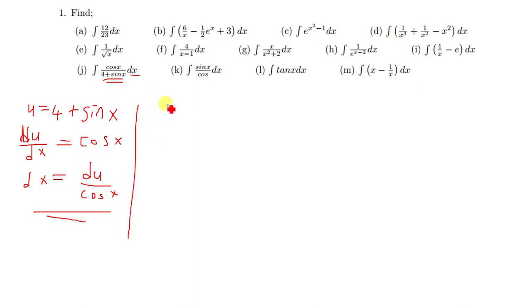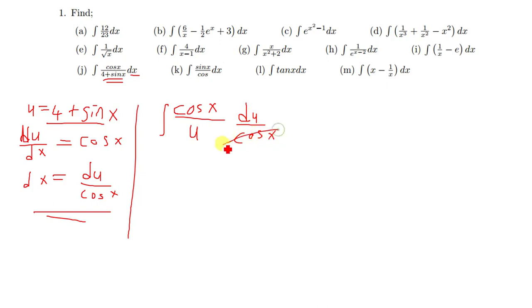So I'm going to have the integral of cos x, and where there is 4 plus sine x, I'm going to put u. Where there is dx, I'll put du over cos x.